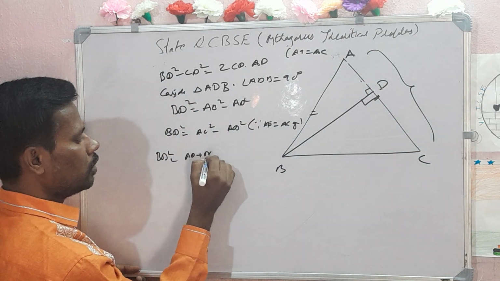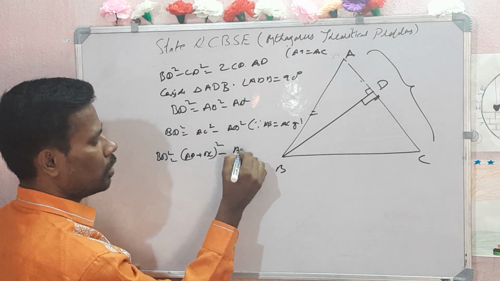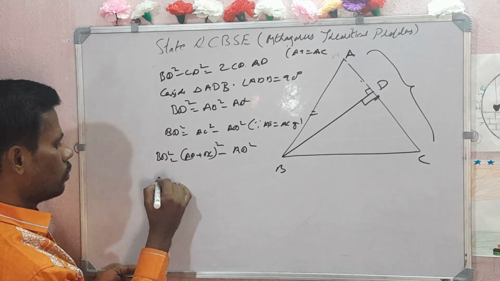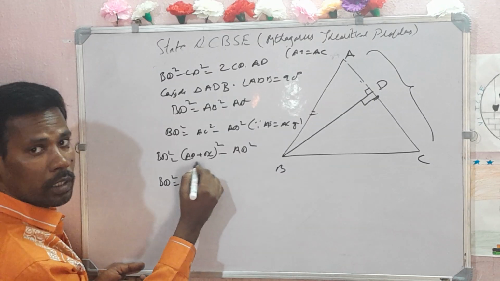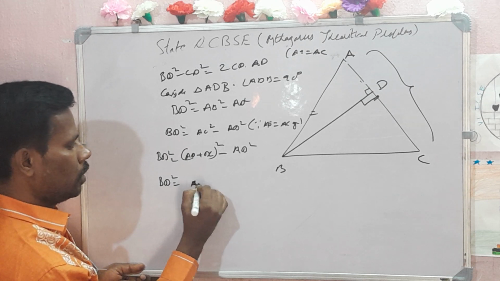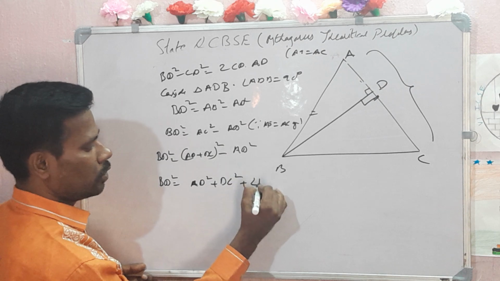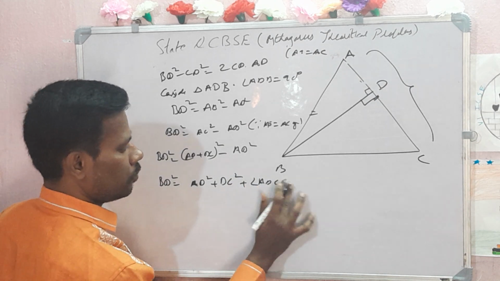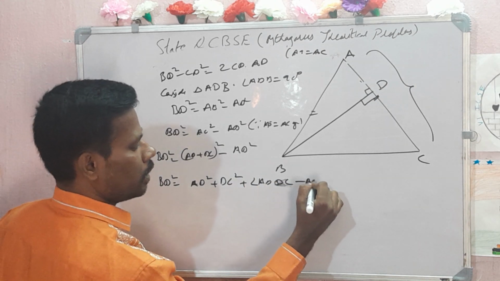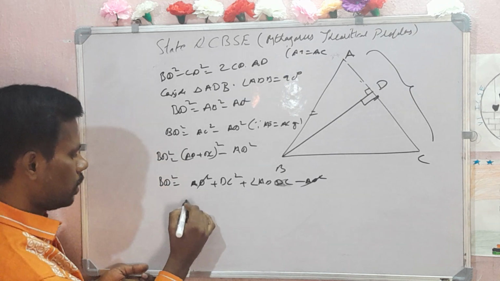So AD plus DC whole square minus AD square. So BD square is equal to A plus B whole square, so AD square plus DC square plus 2 times AD into DC, minus AD square gets cancelled.